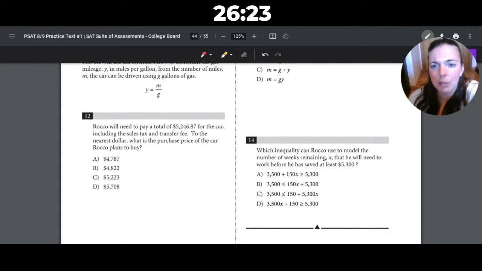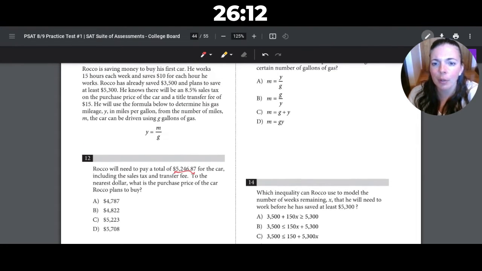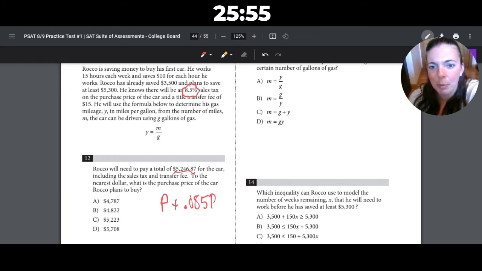Rocco will need to pay a total of $5,246.87 for the car, including the sales tax and transfer fee. To the nearest dollar, what is the purchase price of the car? Okay, so let's say our purchase price is P. In order to buy this car, he's going to pay for the car, plus the tax, which is 8.5%, or 0.085 as a decimal, multiplied by the purchase price.